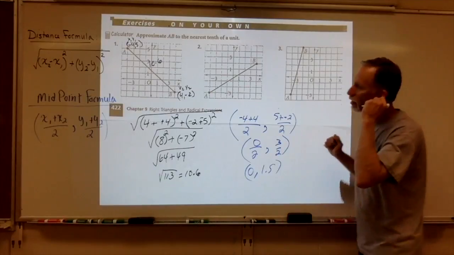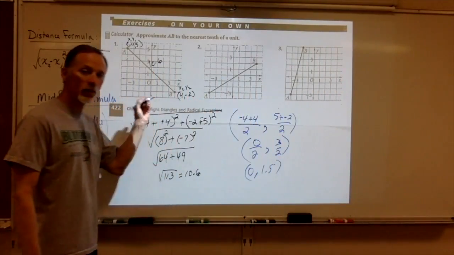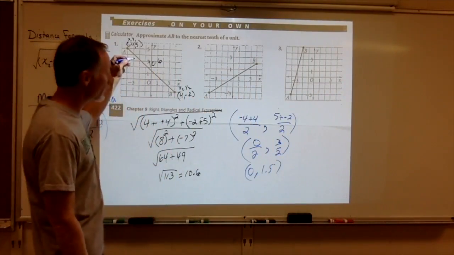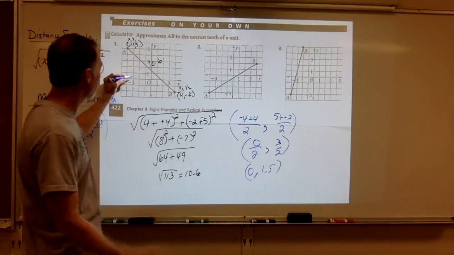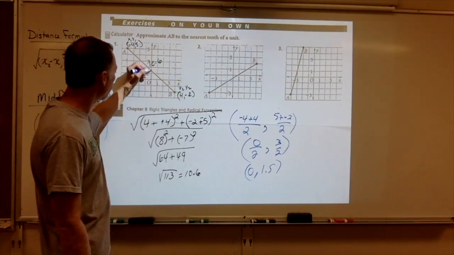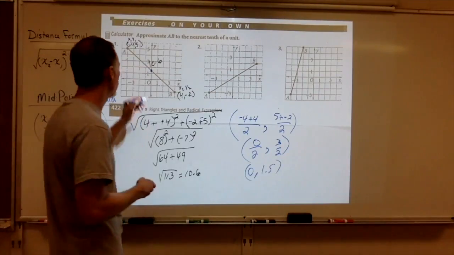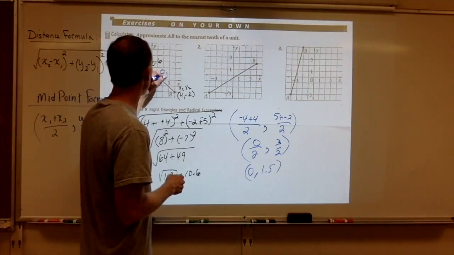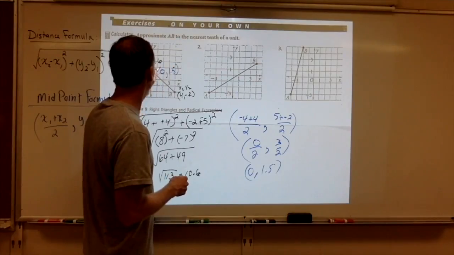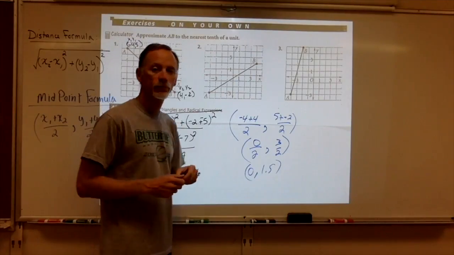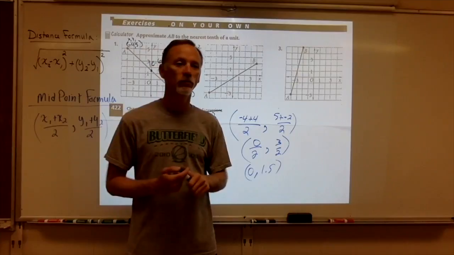So that tells me the middle of this line is at 0, 1.5. So look, here's 0, 1, and there it is. That is the location. That's the exact center of that line. And it is at 0, comma 1.5. Okay.